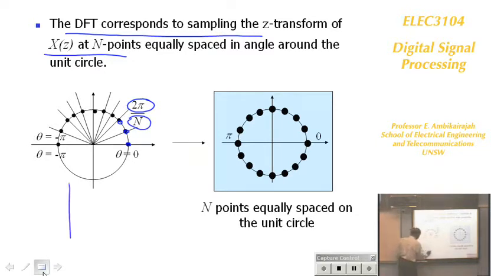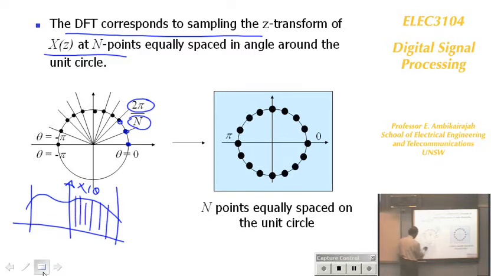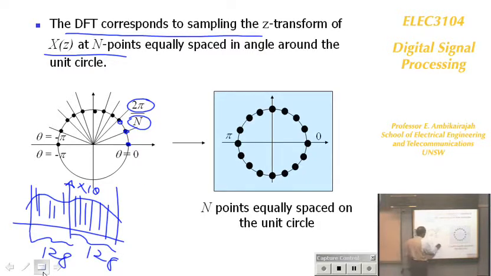So if this is your X(θ), you say, I want to look at frequency there. So 128 points here and 128 points here. So I say 2π over 256 is my frequency division between those. That's called my resolution, delta F. So you decide.